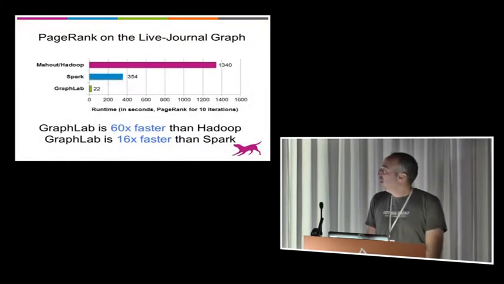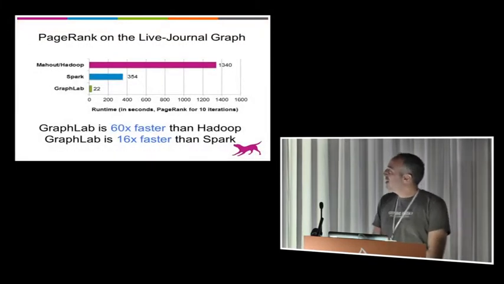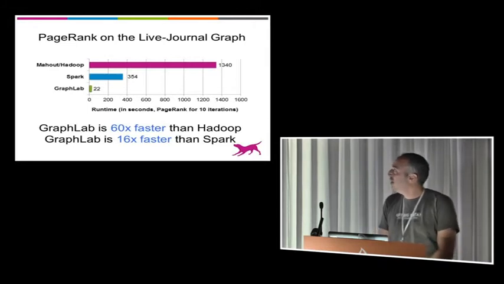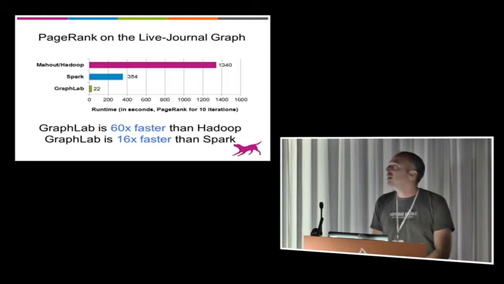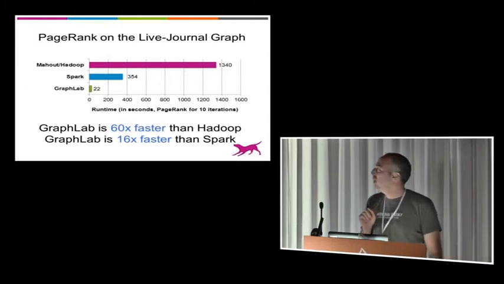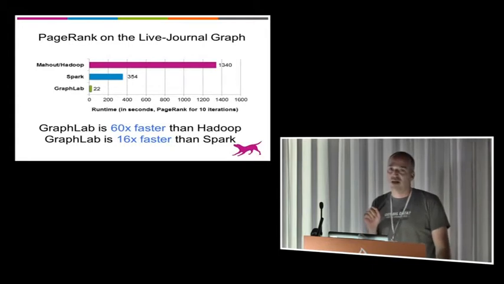These slides, I'm not aware of all the details. I know it's a LiveJournal network, some form of social web graph with around 60 million nodes. But what's nice about this slide is that I didn't write it. We took it from a presentation by Spark, which is another system.